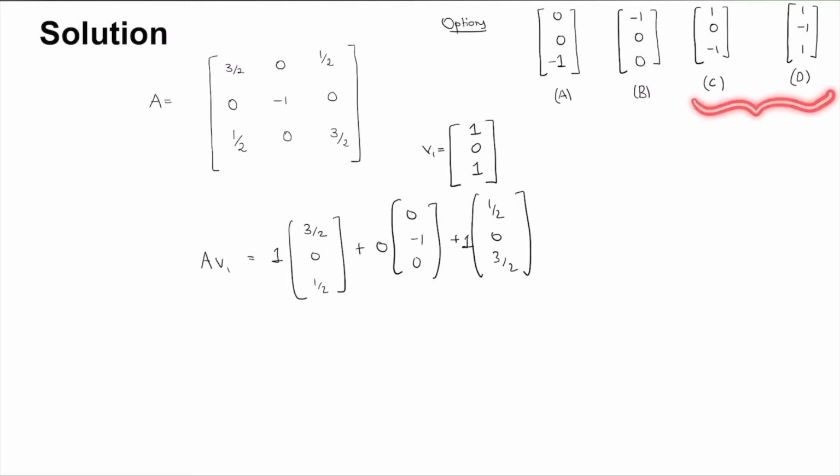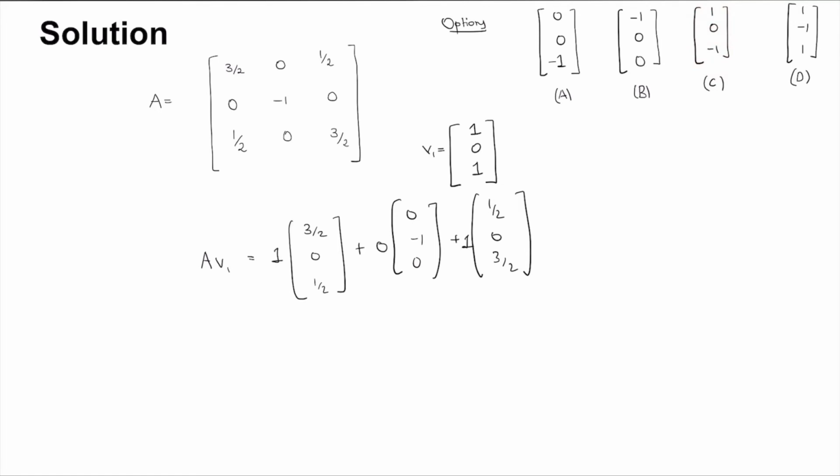So we focus on the options C and D, which act on the first and third columns. If you take the option C, you will find that it subtracts the first and third column.